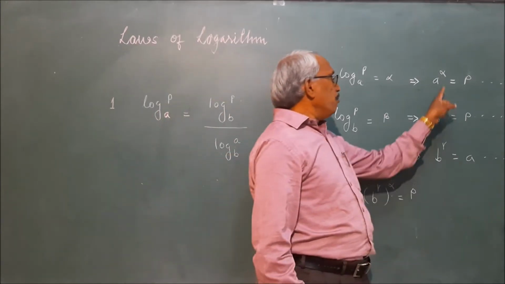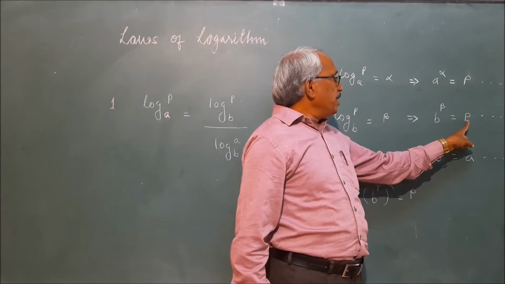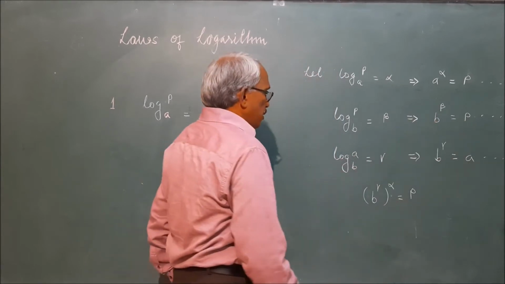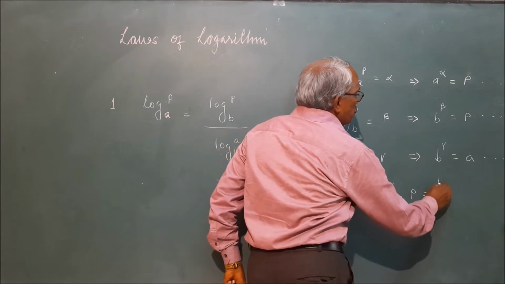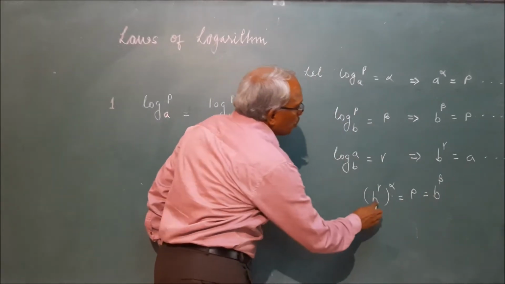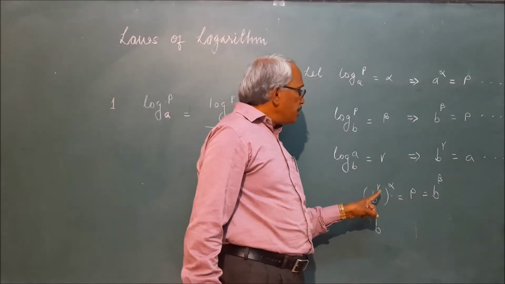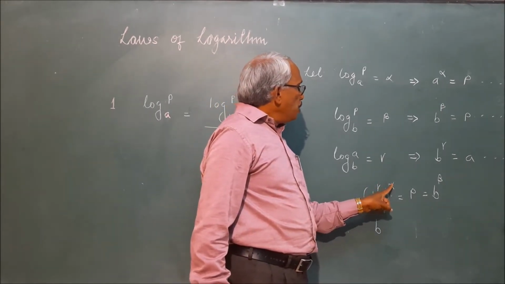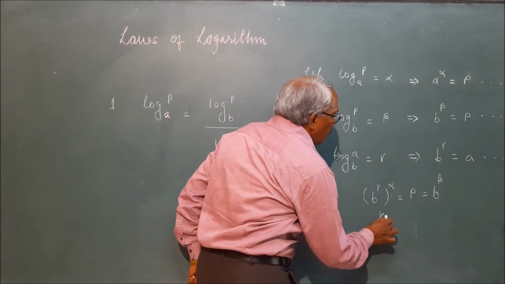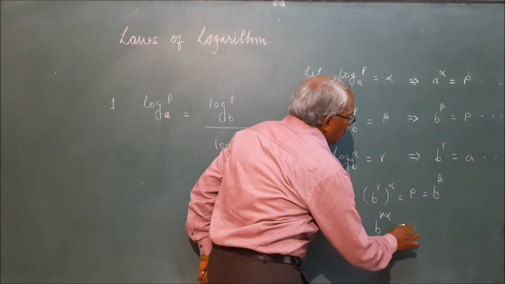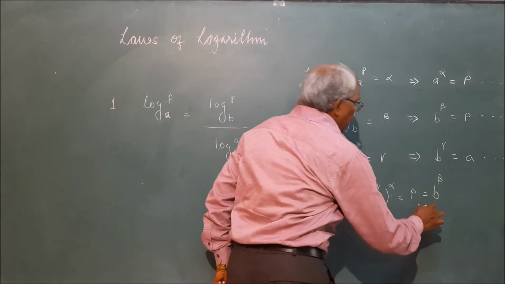Using equations 1 and 2, p can be written as b raised to beta. So b raised to gamma, raised to alpha, is equal to b raised to beta. By using laws of exponents, this can be written as b raised to gamma alpha, equal to b raised to beta.